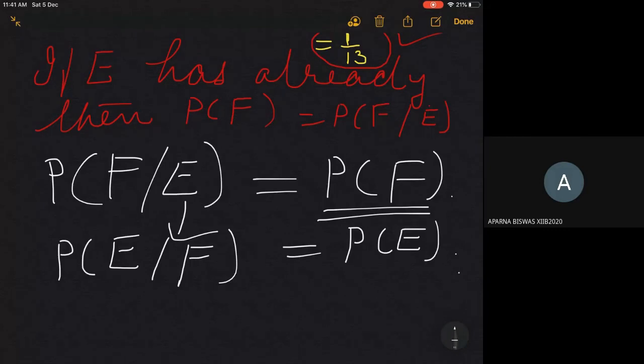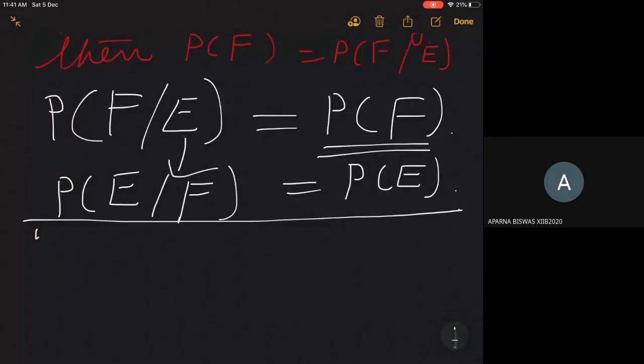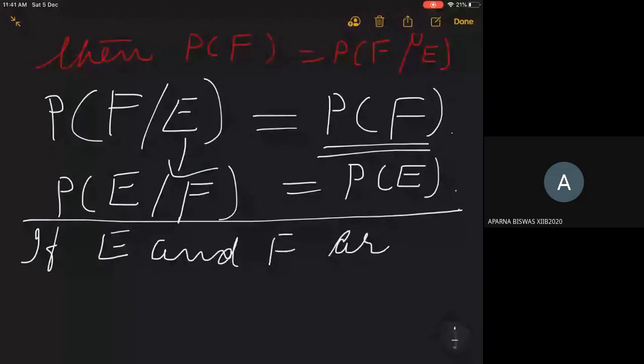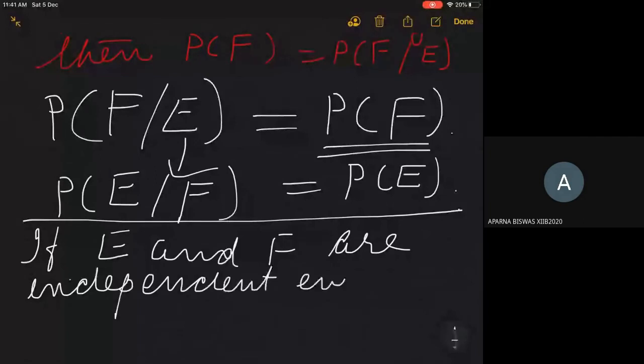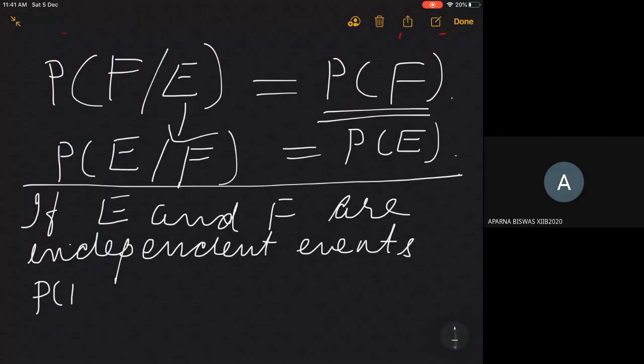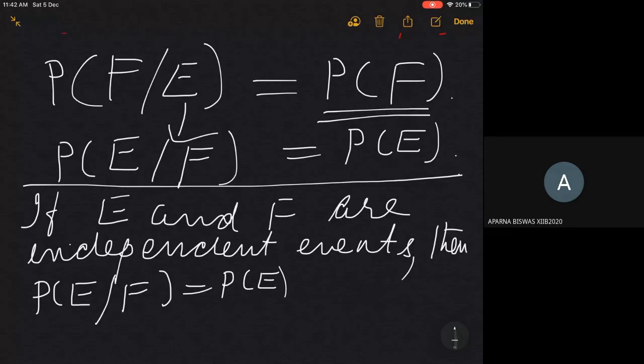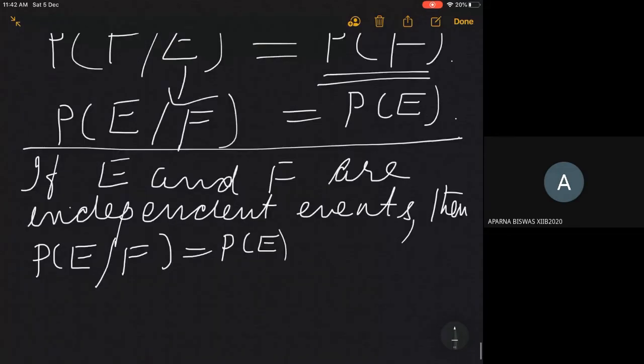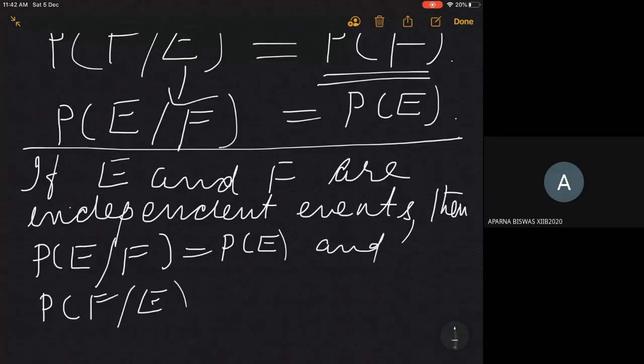So you can write now, children, please write: if E and F are independent events, then P of E given F is P of E and also P of F given E is P of F. This is a mathematical way of telling that two events are independent.